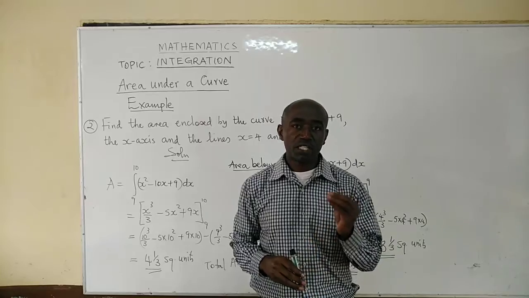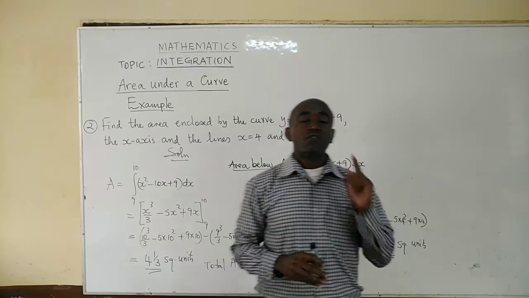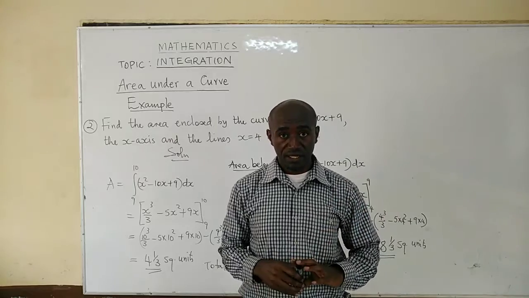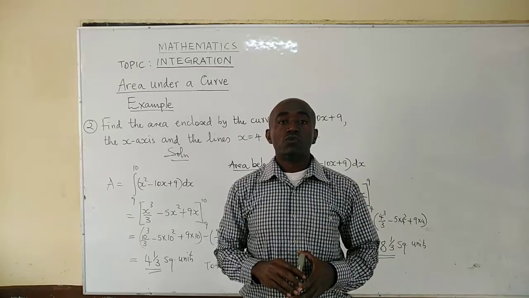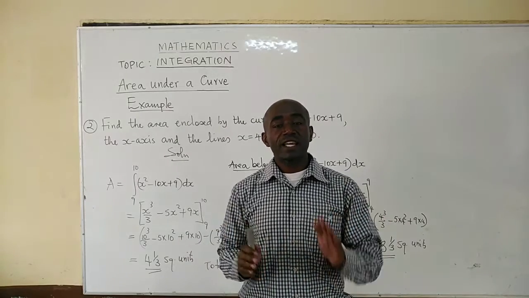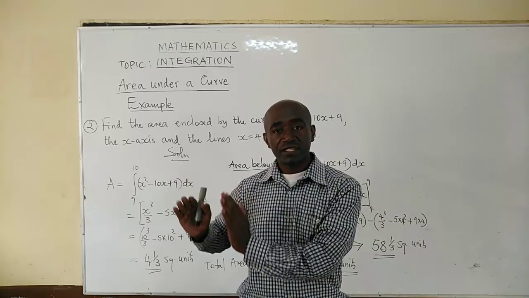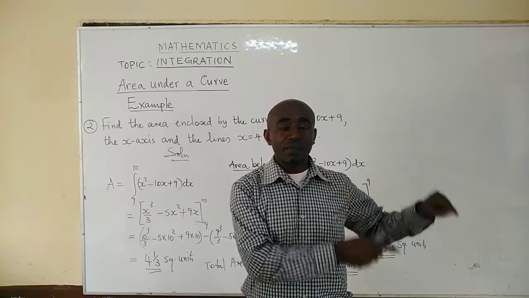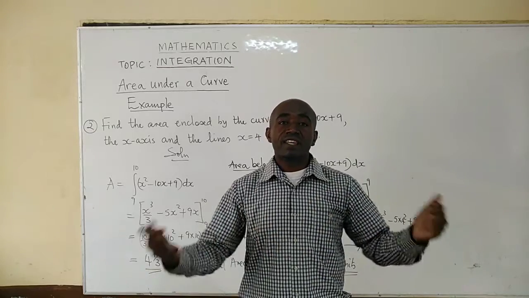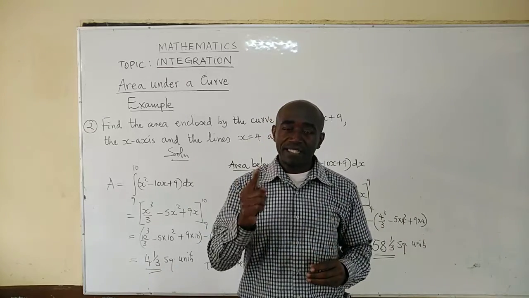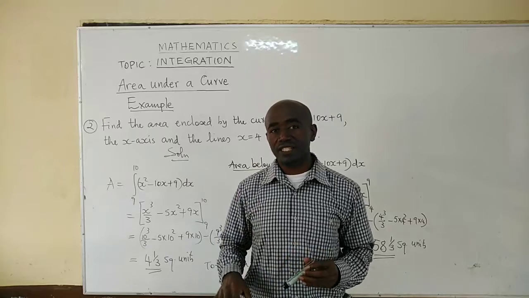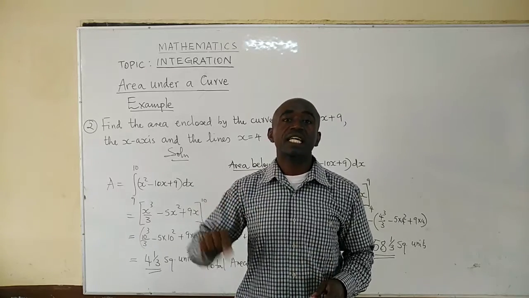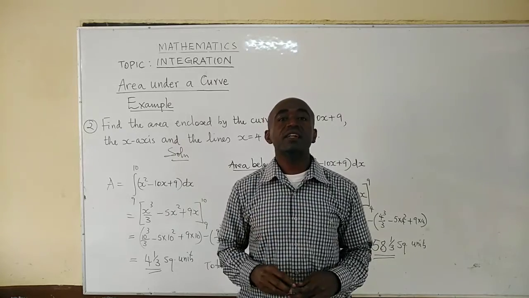The basic point you should note is that for a region which is below the x-axis, you will get a negative if you integrate. Therefore, you separate the two. You first find the area below the x-axis separately. You find the area above the x-axis separately. Then we add the two areas. But remember, for the region which is below the x-axis, by integration you are going to get a negative, but you ignore that negative. So that is the basic thing.